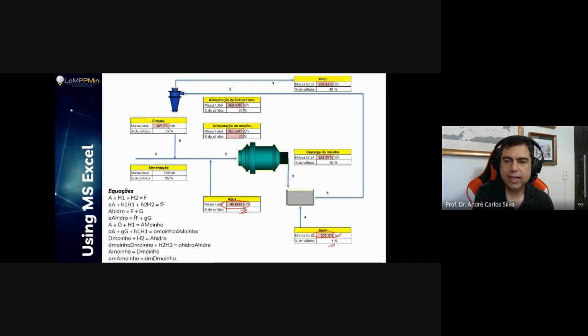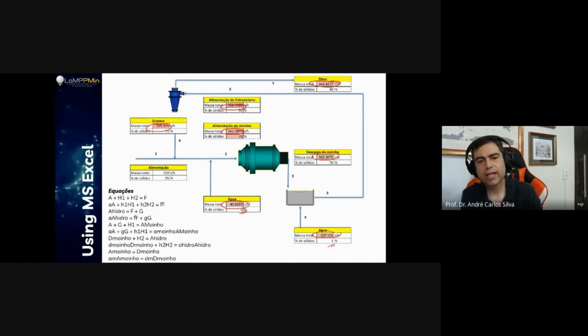And I asked Excel also to make this balance over here, over here, over here, here, and finally here. So what I gave to Excel was one mass, okay? Only the new feed of my ball mill, okay? And then I gave it some water partitions, okay? Just a few. And Excel can do all the rest. And it works very nicely, okay?